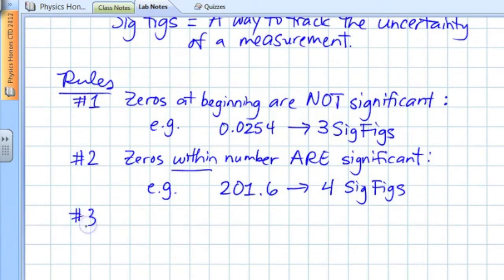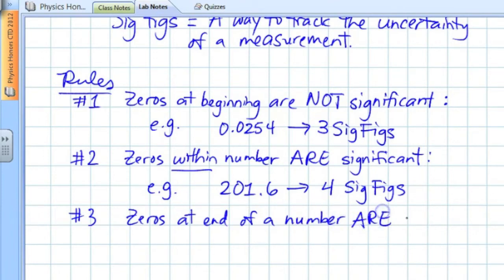Okay, rule number 3. Zeros at the end of a number are also significant.